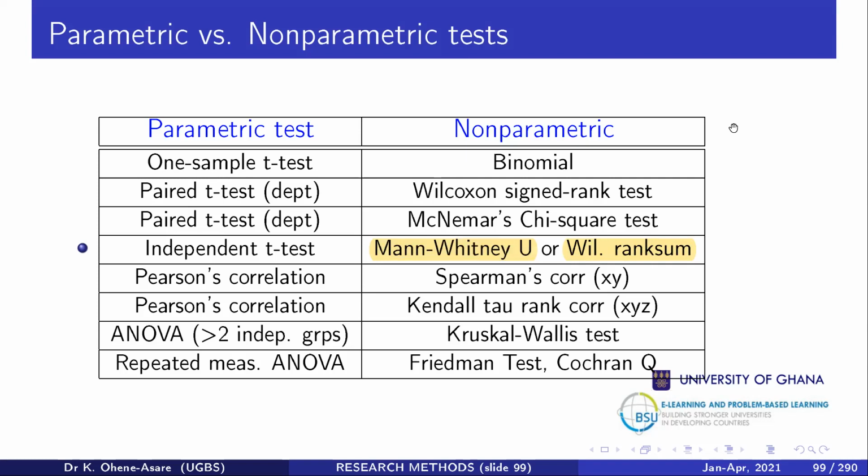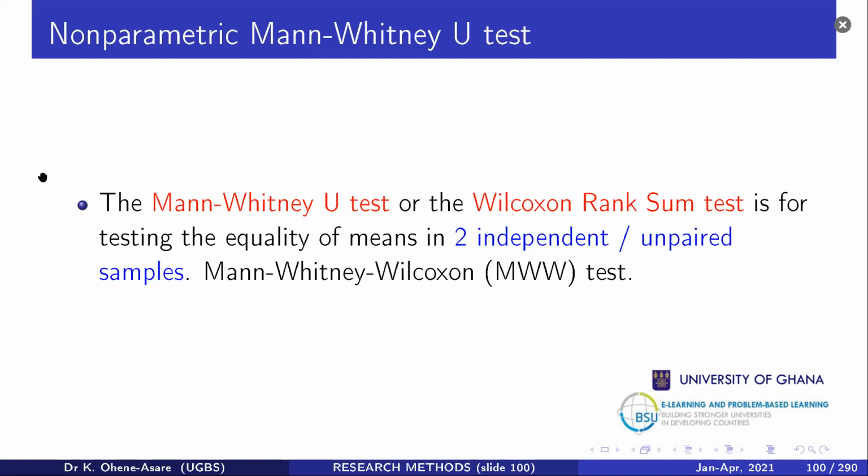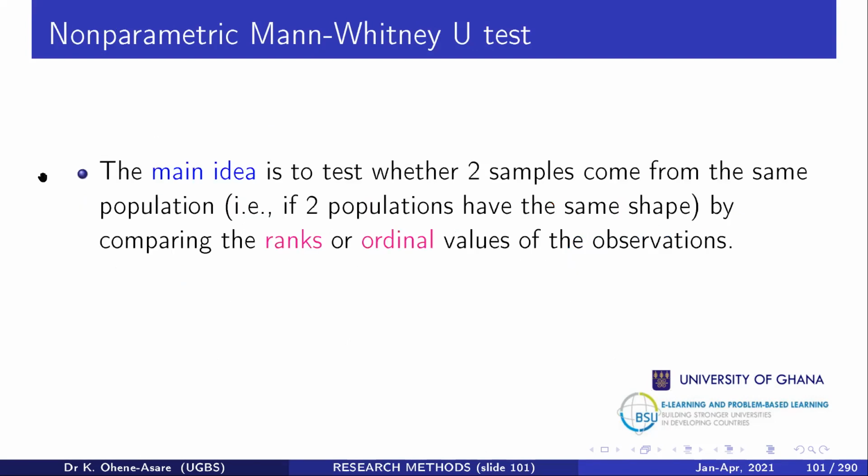It's a non-parametric test and a test of samples that are independent. Its parametric equivalent is the t-test, independent sample. We will use the same steps in hypothesis testing to examine this. Now, what is the difference between this test and the independent t-test?